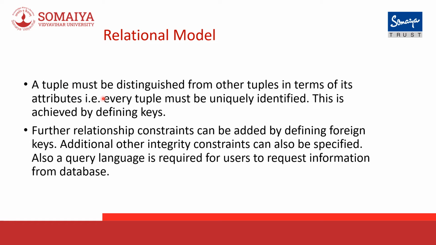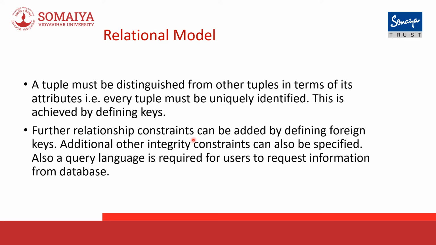A tuple or a row must be distinguished from other tuples in terms of its attributes. That is, every tuple must be uniquely identified. This is achieved by defining keys. A key is used to uniquely identify a given row or tuple in a table. A key value is distinct for every tuple.